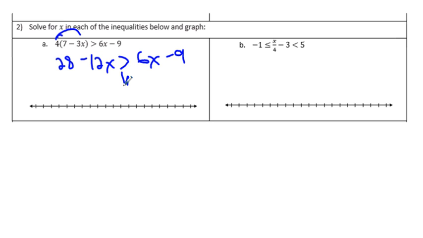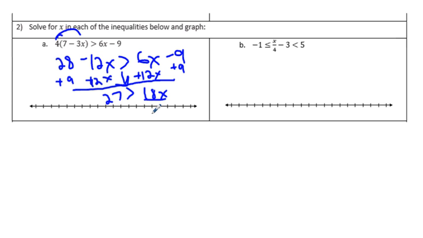So let's begin by adding 12x to both sides and adding 9 to both sides. So you can bring down the inequality. It stays the same since we didn't multiply or divide by a negative. We get 18x is less than 27.